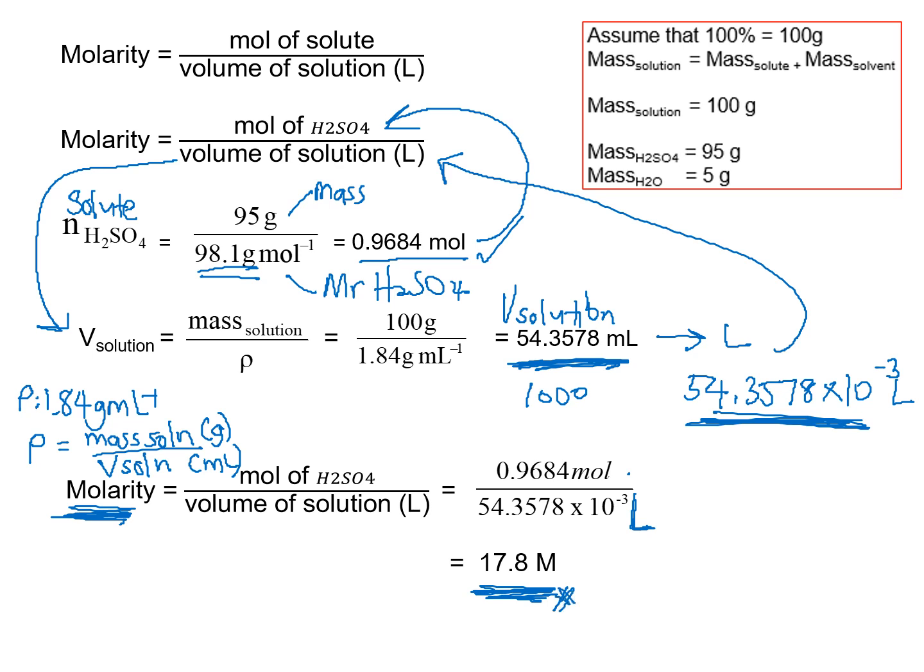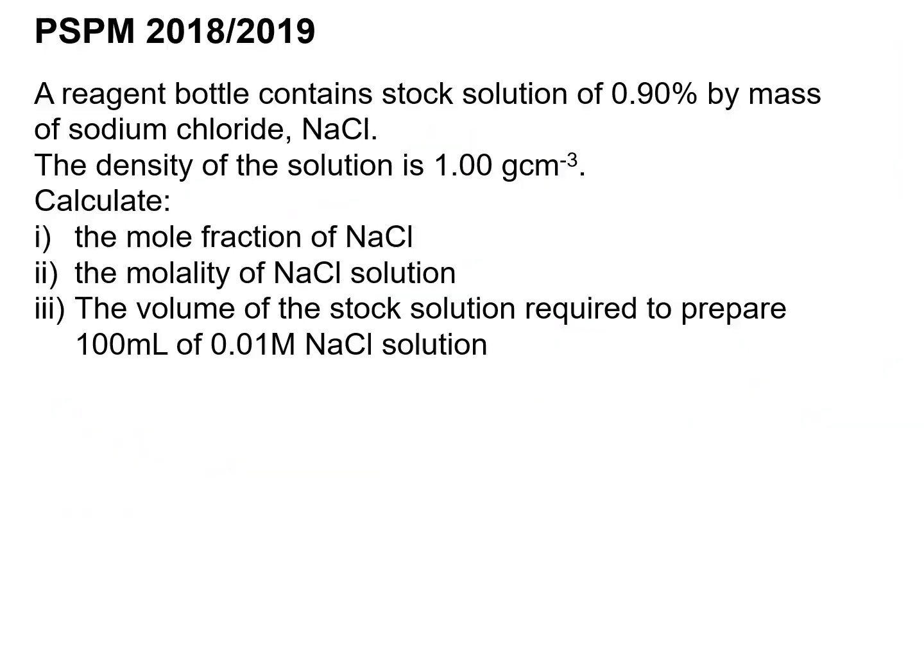Okay, next, let's look at soalan PSPM tahun 2018-2019. Okay, soalan dia cakap a reagent bottle contains a stock solution of 0.9% by mass of sodium chloride NaCl.